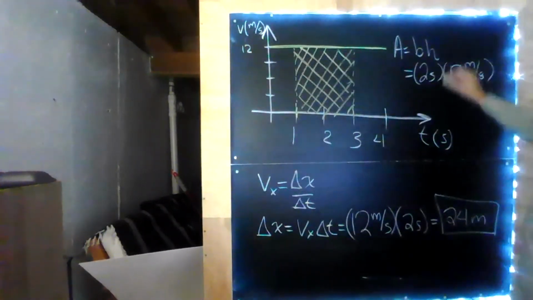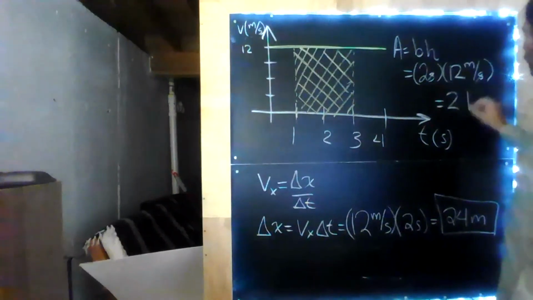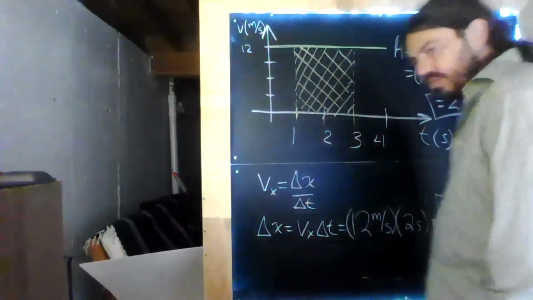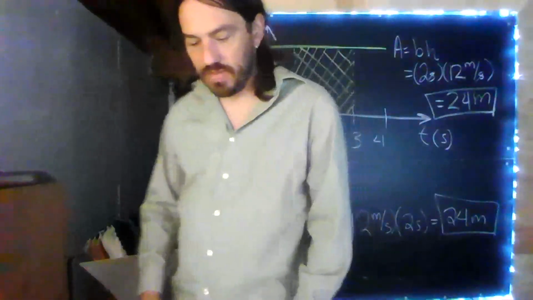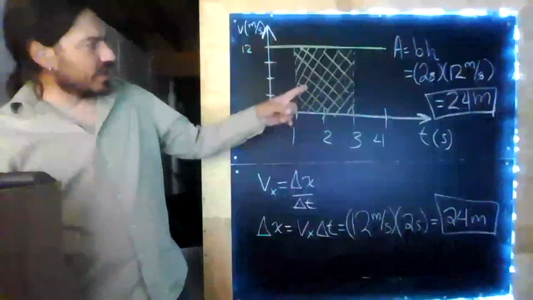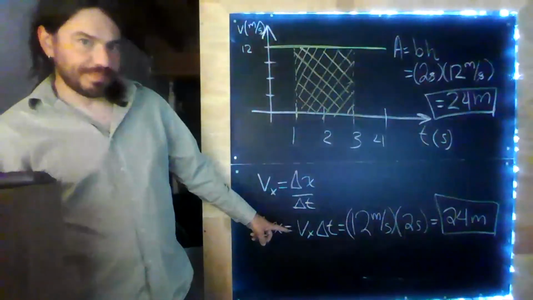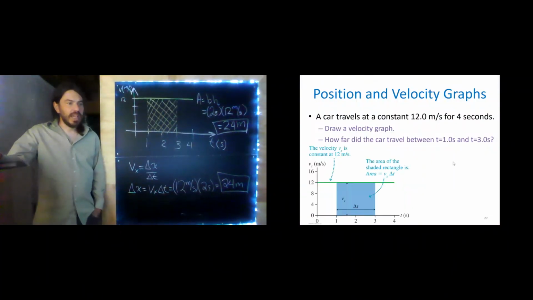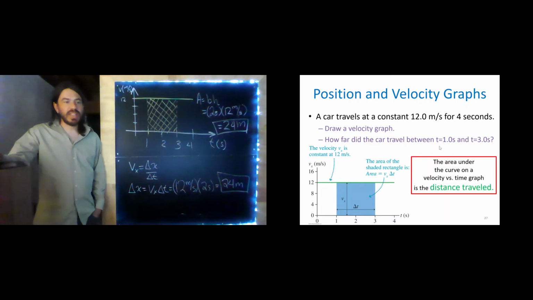By golly, our seconds cancel, and we end up with 24 meters. Oh. Well, if that isn't just the exact same thing that I got down here. Well, what does that tell us? It actually tells us that the area under the curve of a velocity versus time graph is the distance traveled.